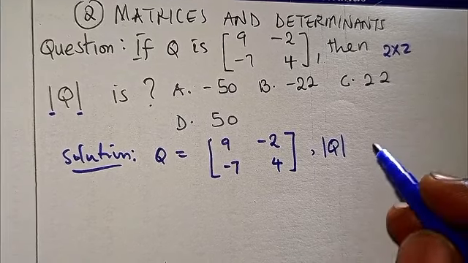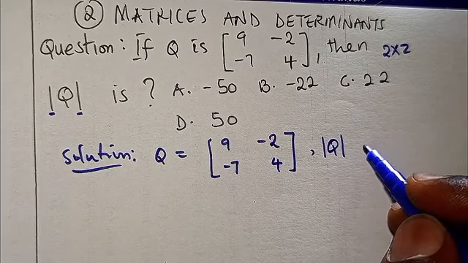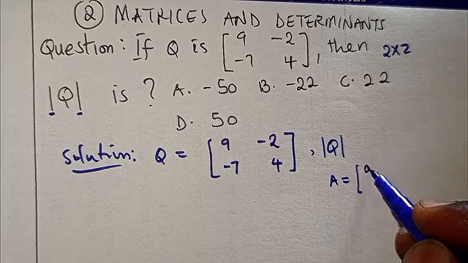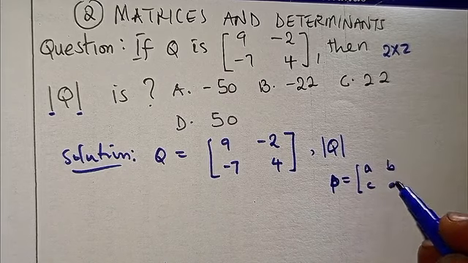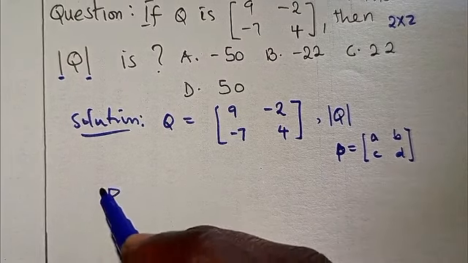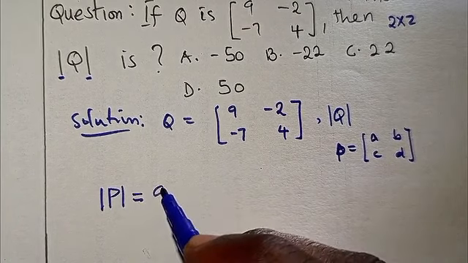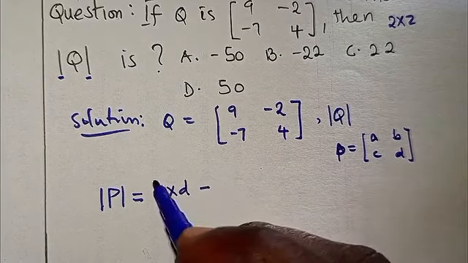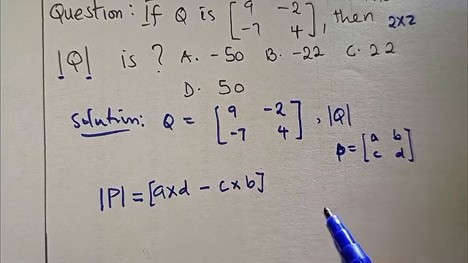Now I would like you to recall that if you have a matrix, let's say P, to be A, B, C, D. Okay, so the determinant of P will be A times D minus C times B. That's what you're going to have.